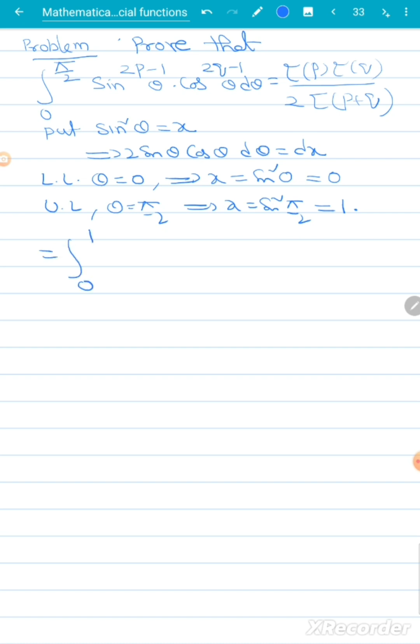Sine square theta is equal to x. So sine theta to the power of 2p minus 1; actually it is 2p.